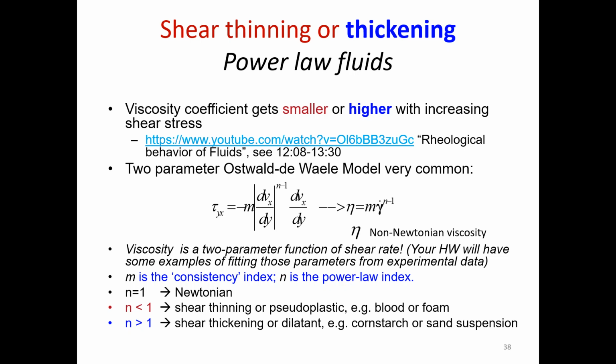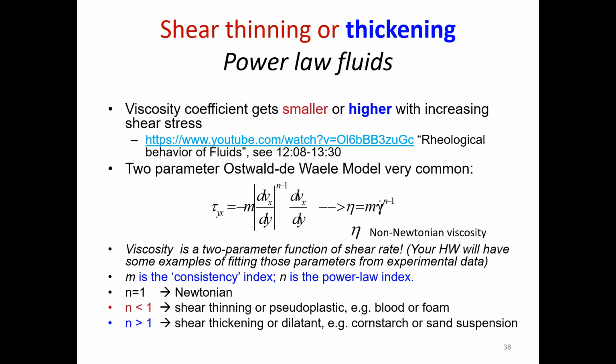Shear thickening or dilating, that could be the cornstarch or sand suspension, but you will see sand suspension to be an example for everything, from Bingham plastic to shear thinning to shear thickening. Depends on the sand, depends on what else we add to it, so don't be confused by that. So basically that means with the high shear rate, something rearranges. It's typically these complex objects within.